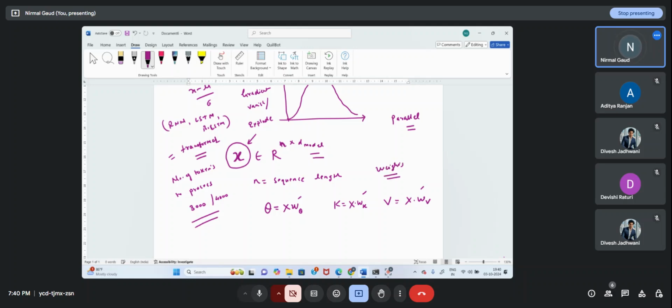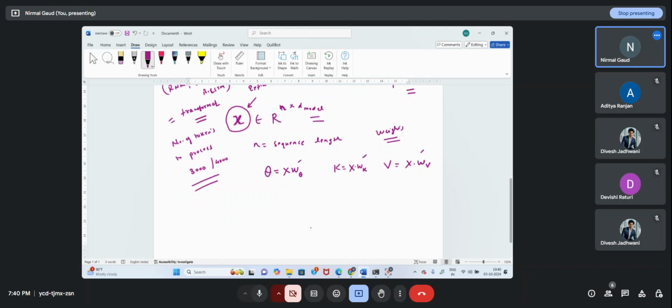The weight wq belongs to R of dimension of model multiplied by dk, that is the dimension of key.